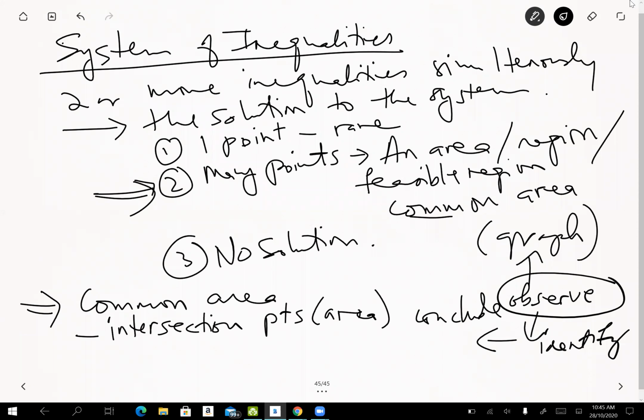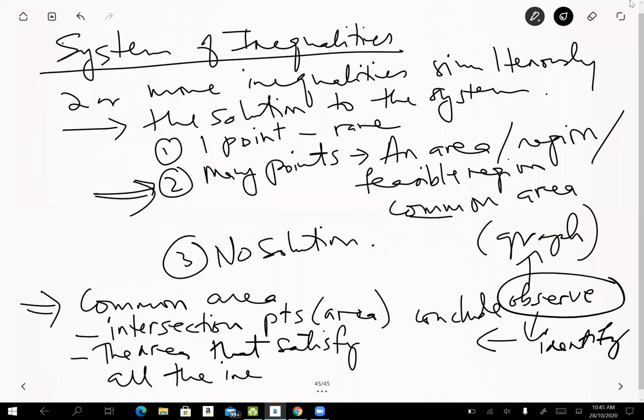So intersection area means the area or the region that satisfies all the inequalities in the system.